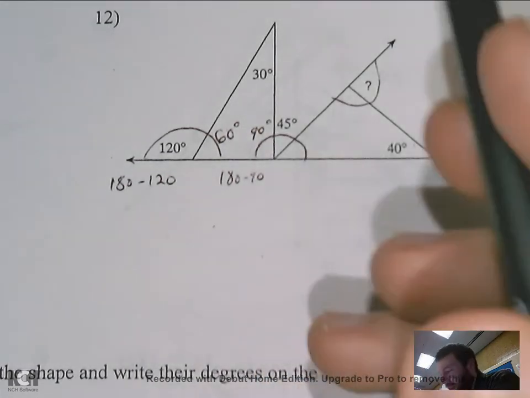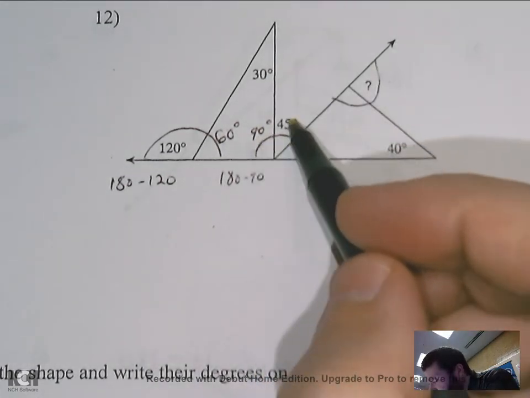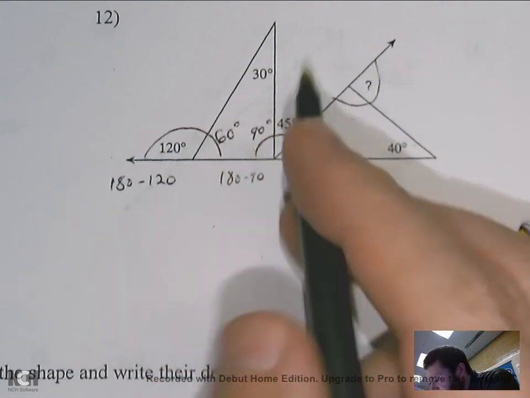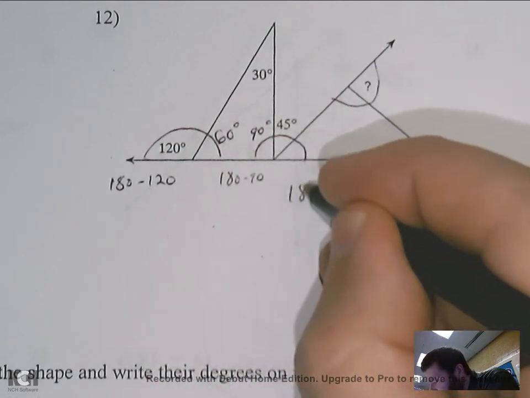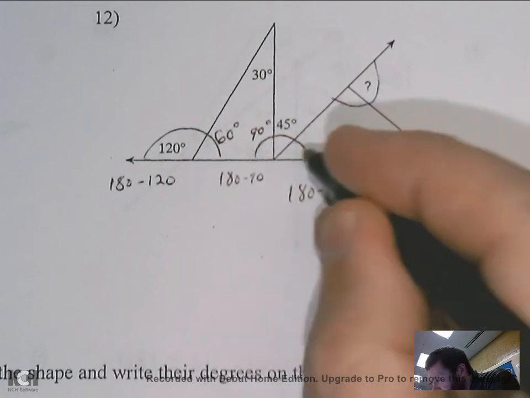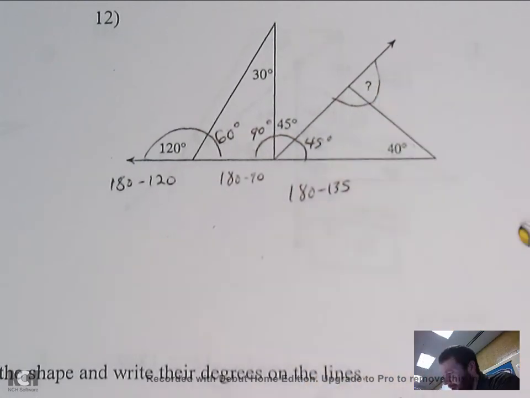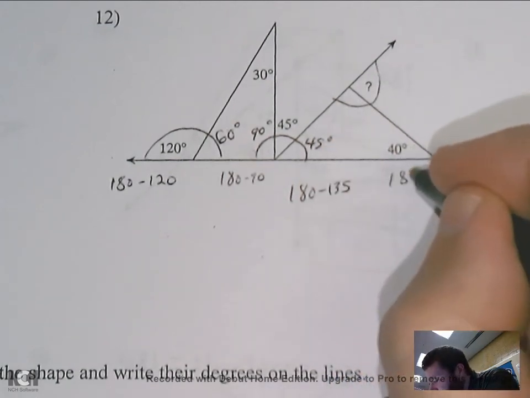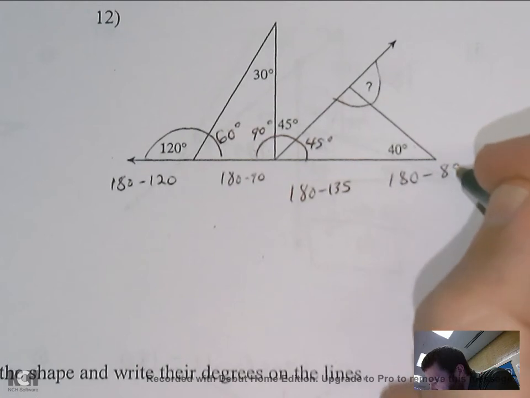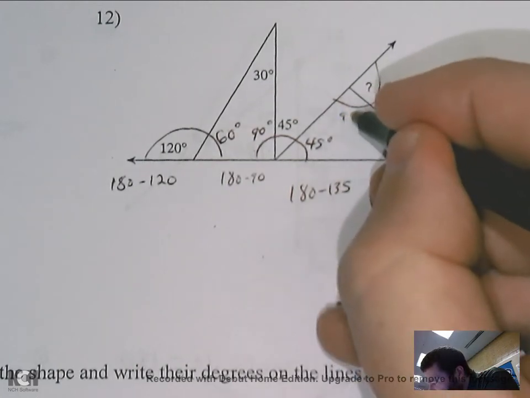Okay? Then 90 plus 45 is 135, so 180 minus 135 is going to be 45 degrees. And then that's 85, so 180 minus 85 is 95 degrees.